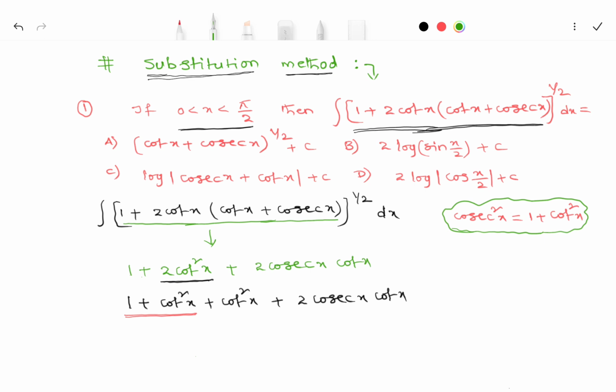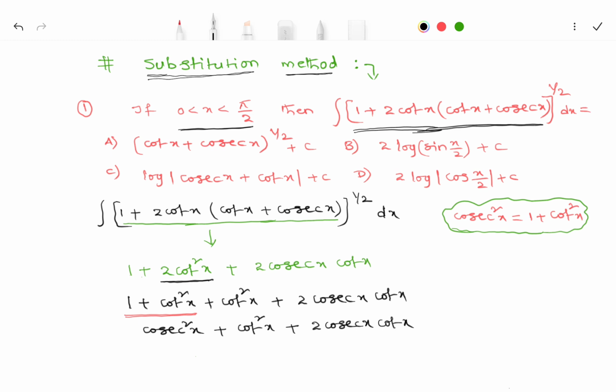So here you replace 1 plus cot square x with cosecant square x. This one you can write as cosecant square x plus cot square x plus 2 into cosecant x into cot x.